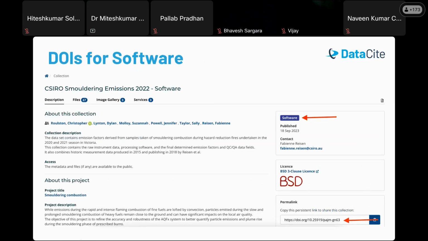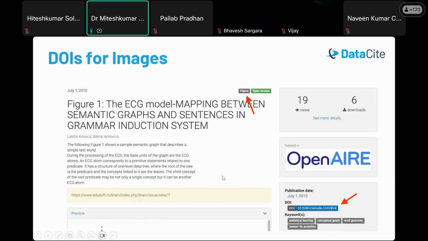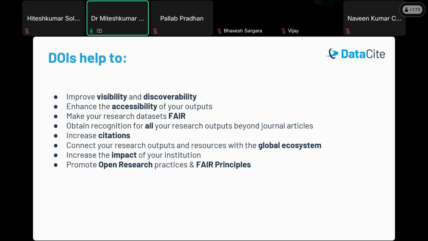They are also giving DOIs for software: once it is available in the public domain, the software is assigned a DOI. And DOIs for images: this is a particular figure image for which DataCite has assigned a DOI.